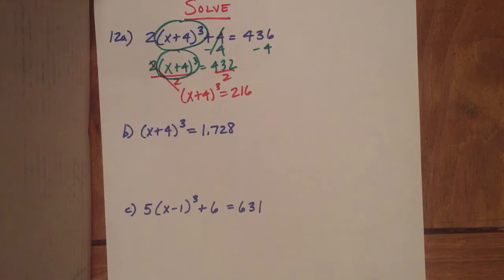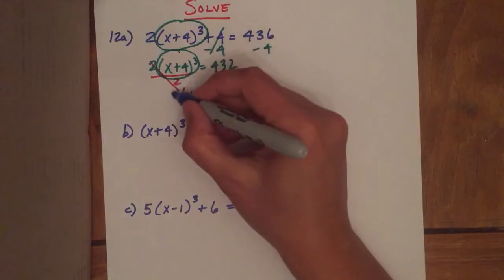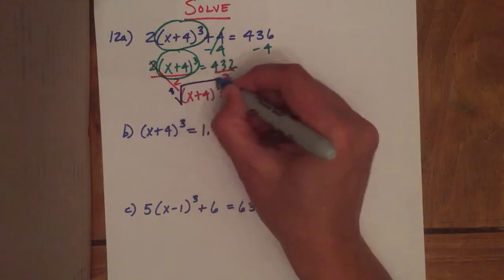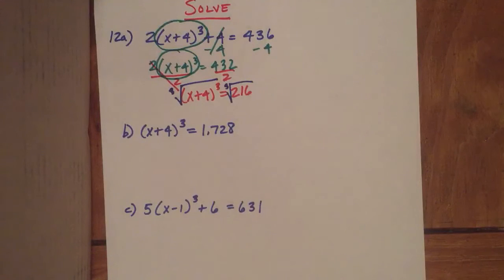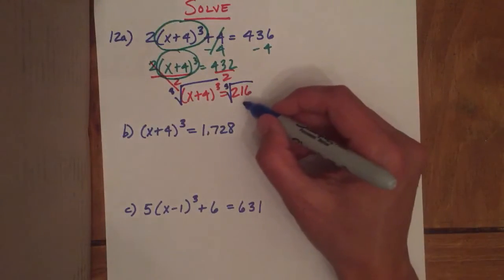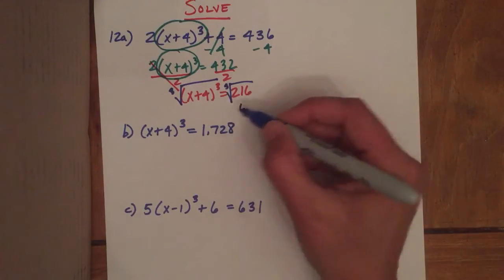And what I want to do now to solve is actually take the cube root. So I'm going to take the actual cube root. When you take the cube root of 216, you get 6.